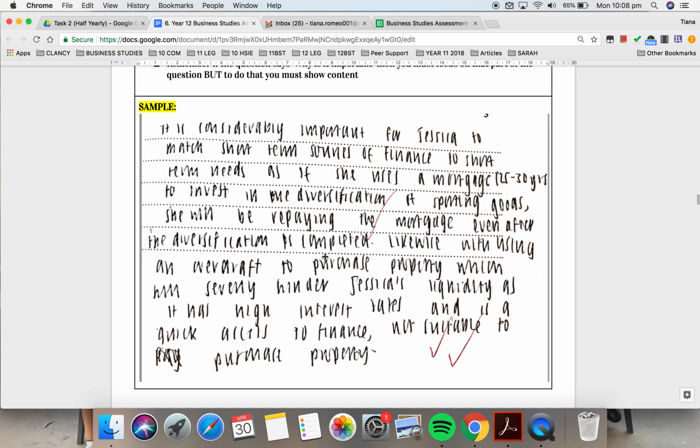So you can see it's important because 1, they will be repaying the mortgage after the diversification is complete, and 2, if she uses an overdraft to purchase property, it's going to hinder her liquidity because of high interest rates. You can see why it's important to match the right term, the right source of finance to the business purpose.